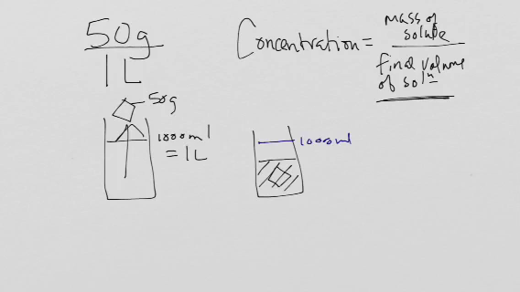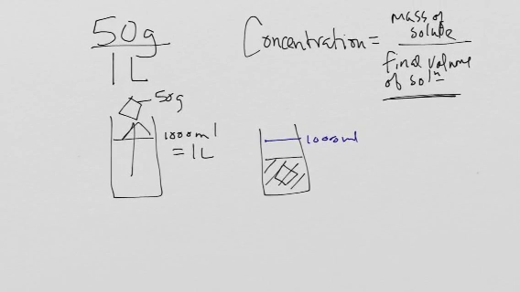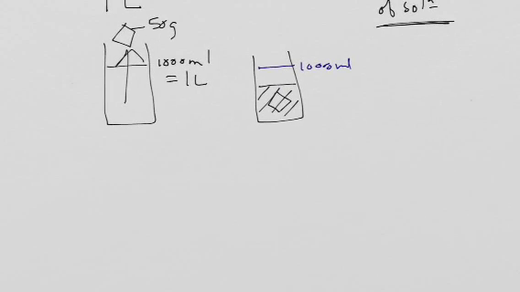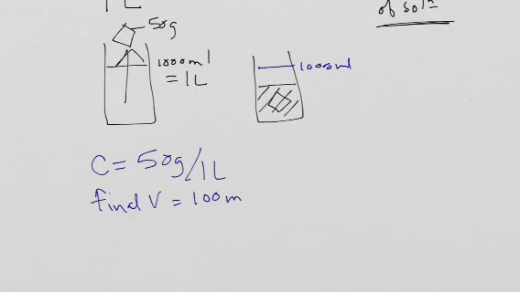Okay? So, let's get back to my original question. If I have a concentration of 50 grams for every 1 liter, but I'm telling you that I only want you to make 100 milliliters of solution, so I want my final volume to be equal to 100 milliliters.